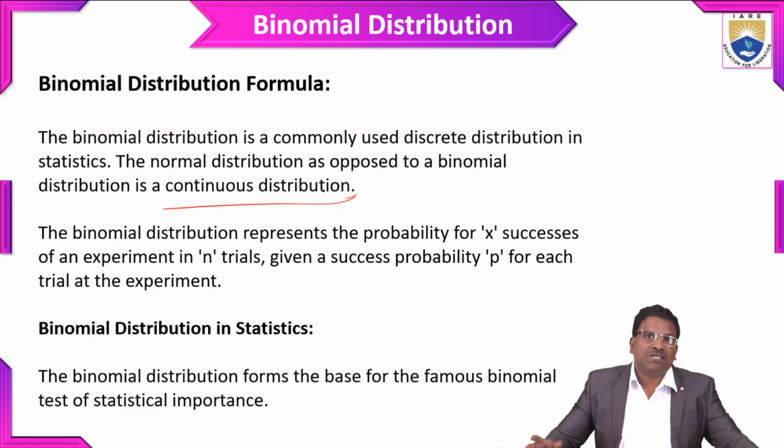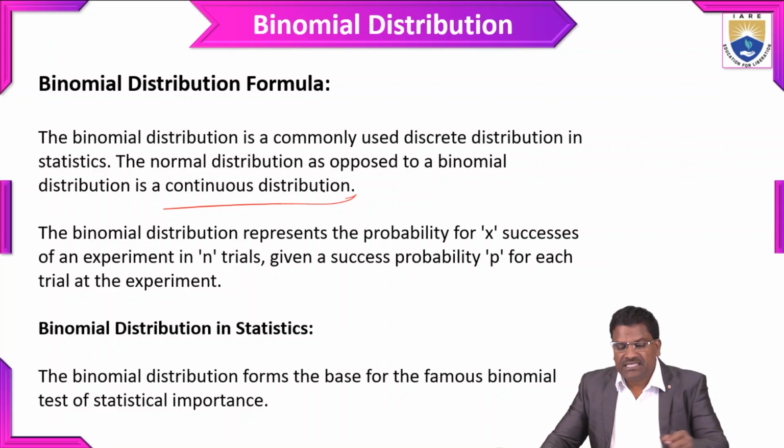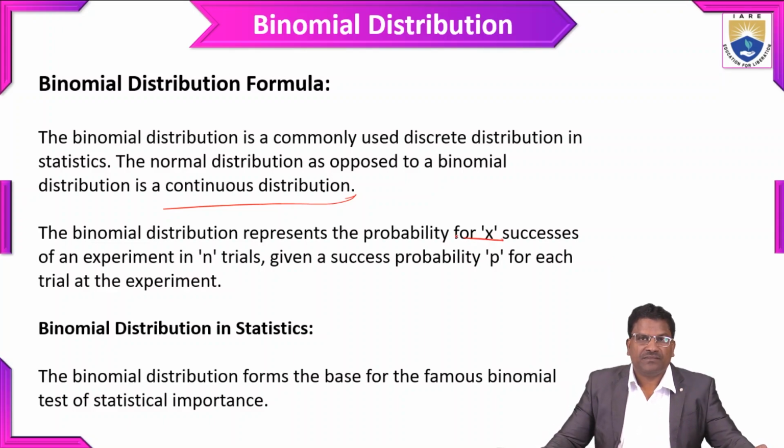Now, the binomial distribution represents the probability for x successes of an experiment in n trials. The number of trials is n, given a success probability p for each trial of the experiment.